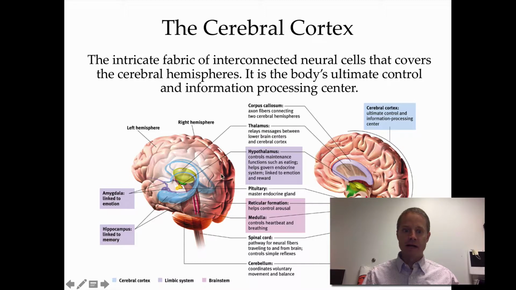This view is an exterior view, and all the colored stuff is in the middle. This is showing you half the brain. If you split the brain down the middle, you'd see all these other parts we already talked about in the other video, and you'd see half of the cerebral cortex.